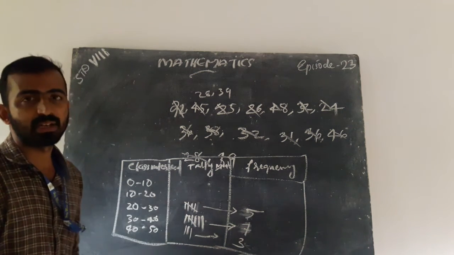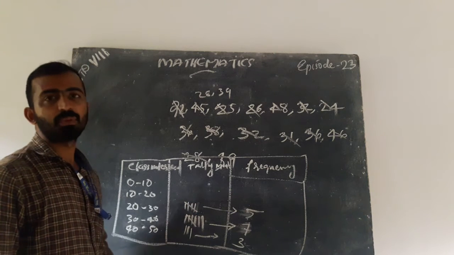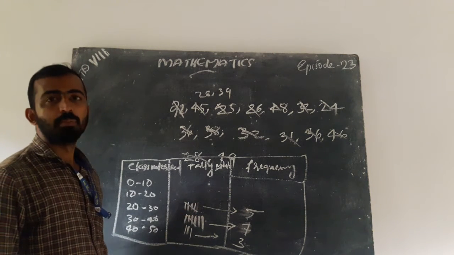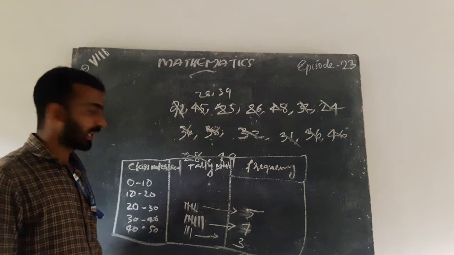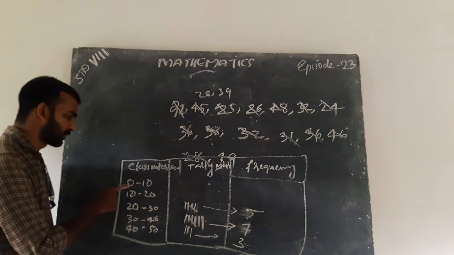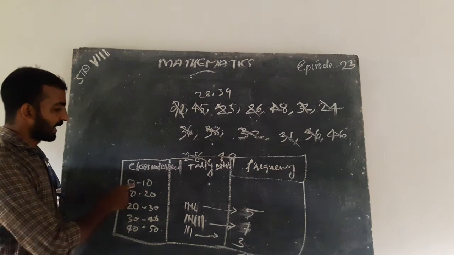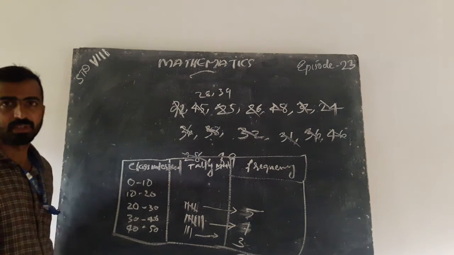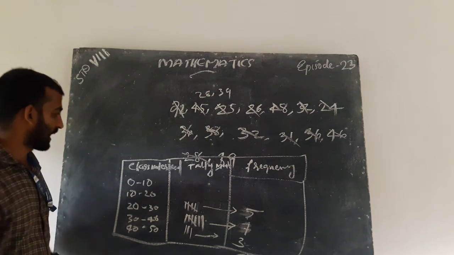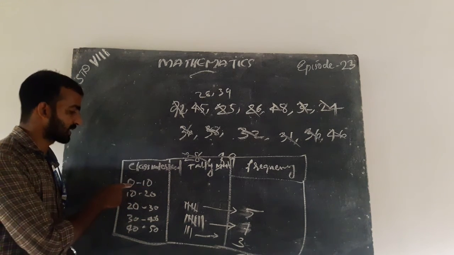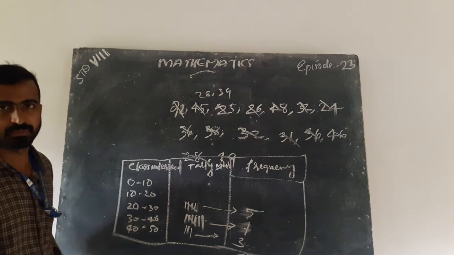This is our bar graph. Here we can see 0, 10. The class interval is 10. 10 is the upper limit and 0 is the lower limit.